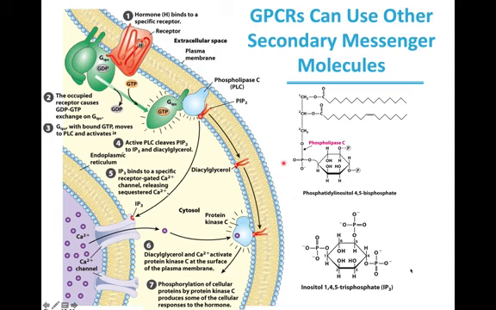Some of the main differences involve the secondary messenger molecules that are IP3, calcium, and diacylglycerol. But the response of the hormone binding to the receptor also initiates a signal amplification.